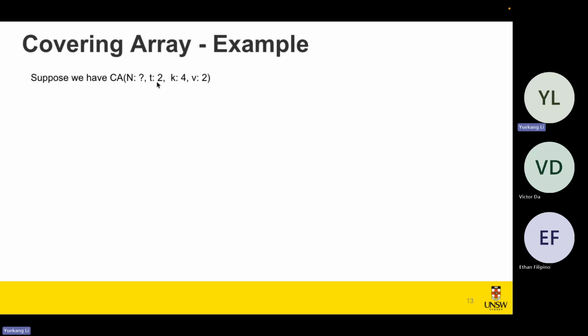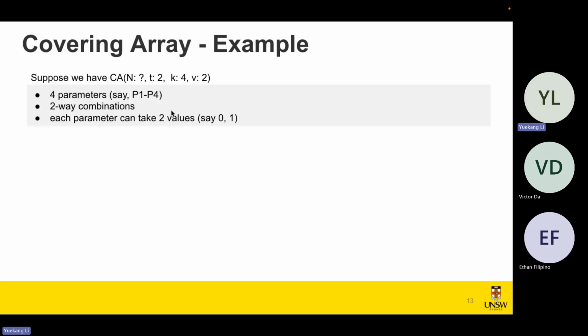So we care about pairwise combinations, and we have 4 input parameters, and each parameter can take 2 values. Let's say the parameters are P1 to P4, and let's assume the 2 values are 0 and 1.